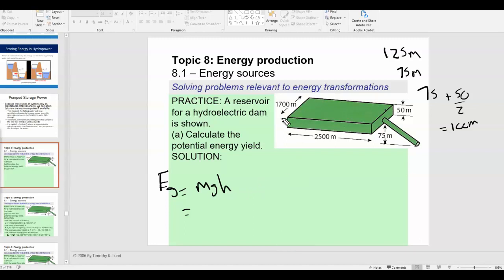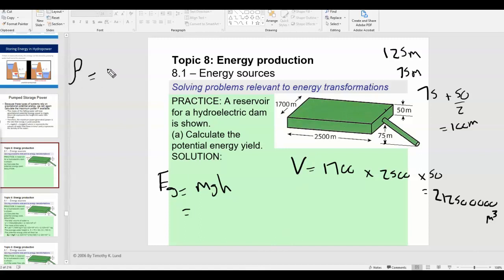Now, we're given the dimensions of the reservoir. So I can find the volume by just doing 1700 times 2500 times 50. It's just like a rectangular prism. And I get, oh gosh, a big number, cubic meters. Now, what does volume have to do with mass? Well, density is mass over volume.